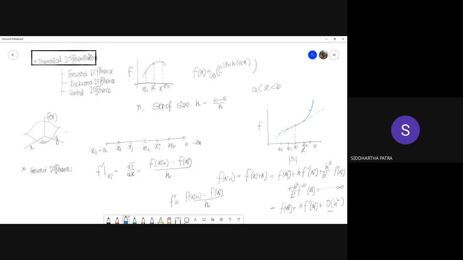You are actually interested in the tangent that is at xi. Instead, what you are doing is you are calculating this quantity. So this gap is h. You take the difference between the two values xi plus 1 and xi and divide that with h, which essentially gives you this slope. And you can see how inaccurate this is.